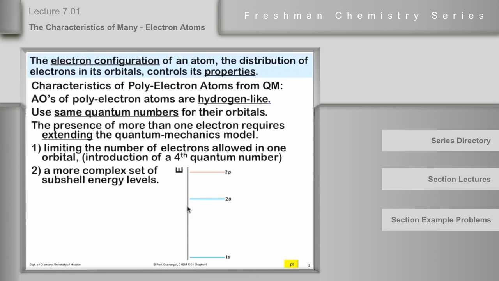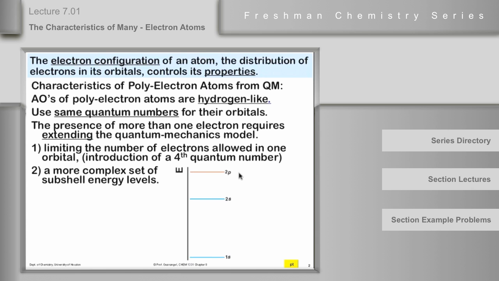So if we look at a plot of the energies of the subshells in a helium atom, okay, just in a helium atom, 2 electrons, polyelectron, wave mechanics shows that in a helium atom, the 1s is still the ground state like it was before.